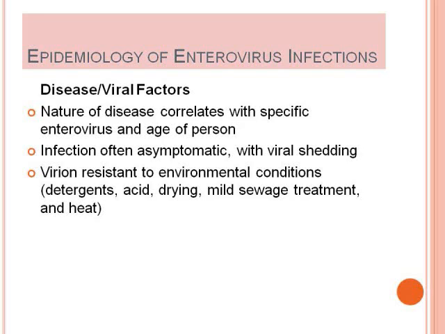Okay, all right. Now, as far as epidemiology is concerned, again, there are many things that we keep in mind. Most of the time, the nature of disease correlates with the age of the person. Remember, if it's an enterovirus, it's in a baby, and the baby is growing, polio is important.